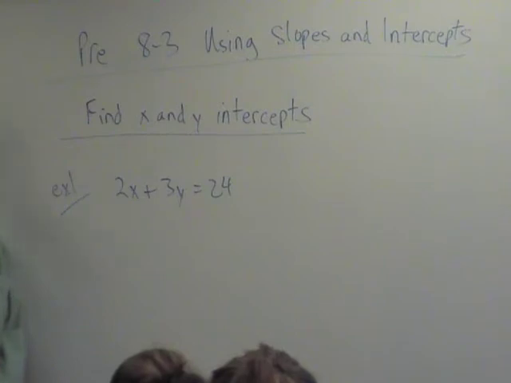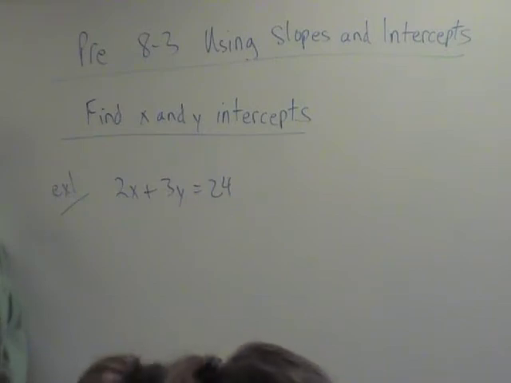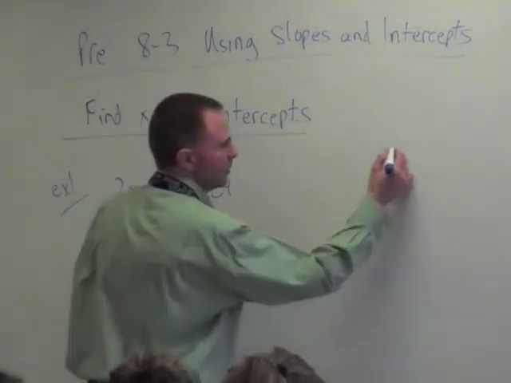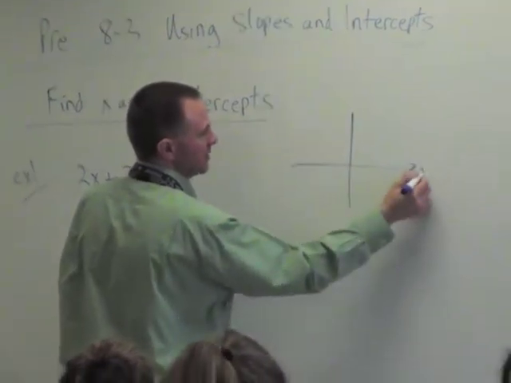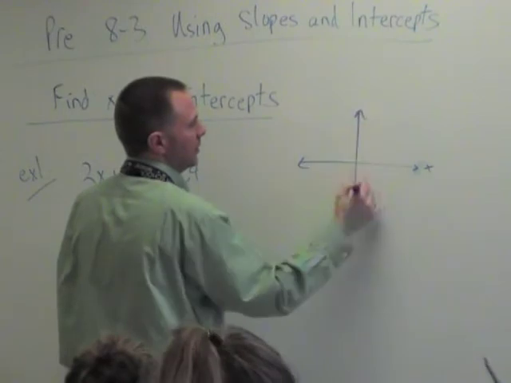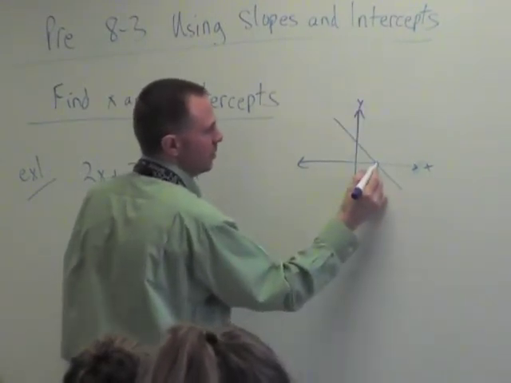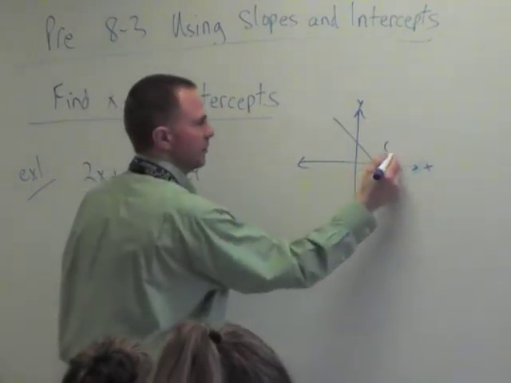When a line crosses the x-axis, what do you know about the coordinate? Hold on, don't write this down. Here's the x-axis. What do you know about that coordinate?